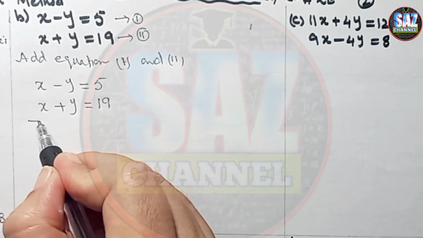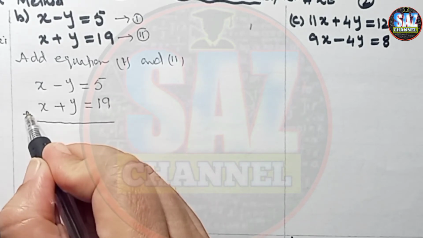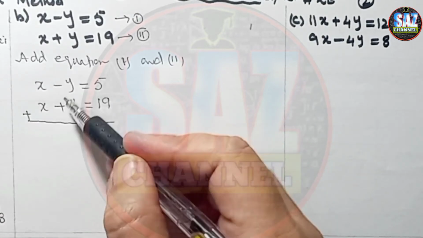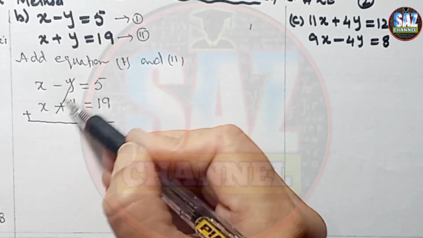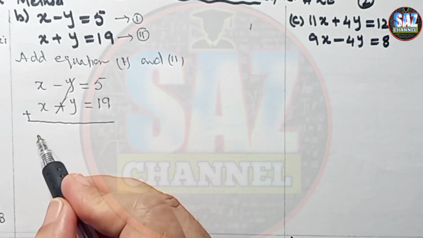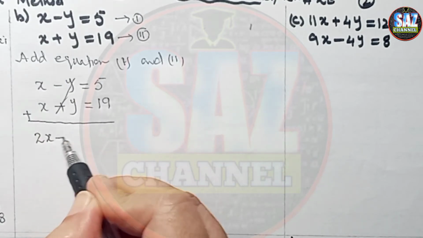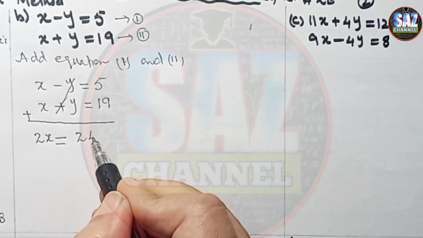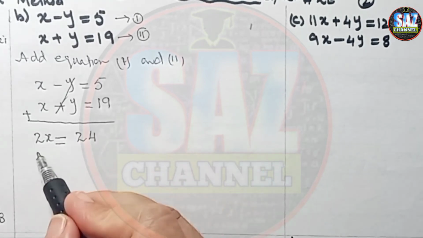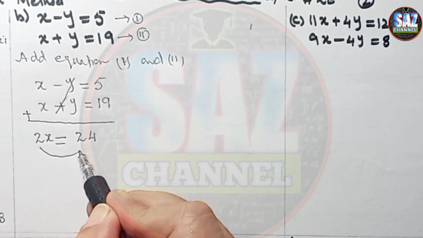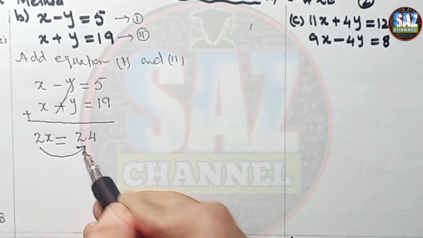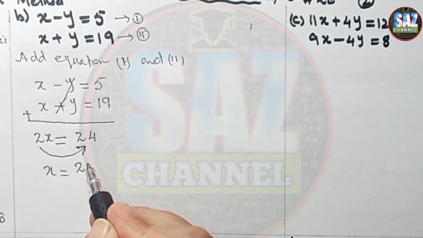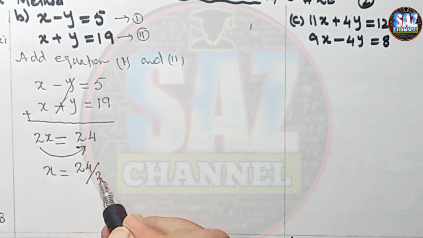When I'm adding them up, I can see that these y have the same coefficient with opposite sign. I can cancel y with y and I will be left with 2x equals 19 plus 5, which is 24. Now as we have to get the value of x, we have to shift this 2 to the other side, and it will go in the denominator of 24.